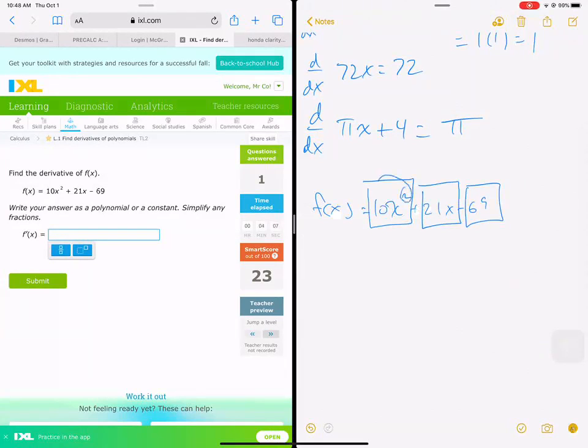The 10 goes to the front. 20x, 2 minus 1 is a 1 exponent, or don't write it. The derivative of 21x, we just talked about it, that's just 21. Make sure you practice that so this becomes second nature to you. And the derivative of 69, that's 0.